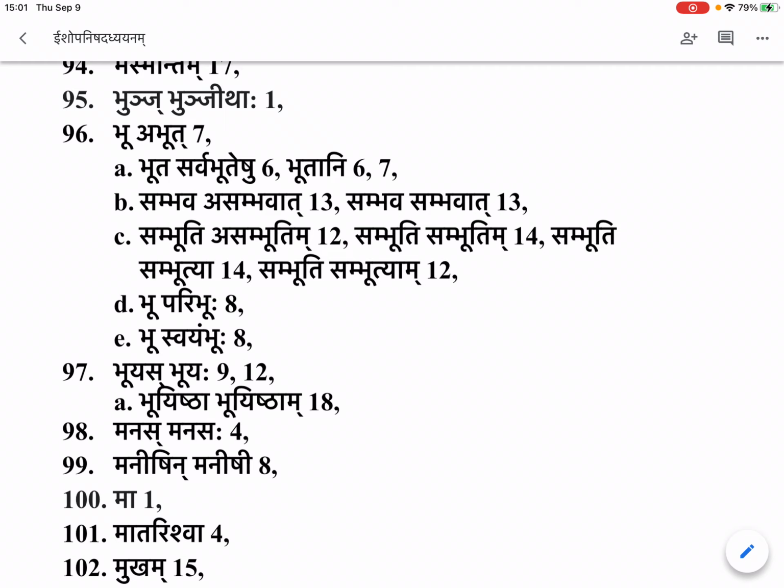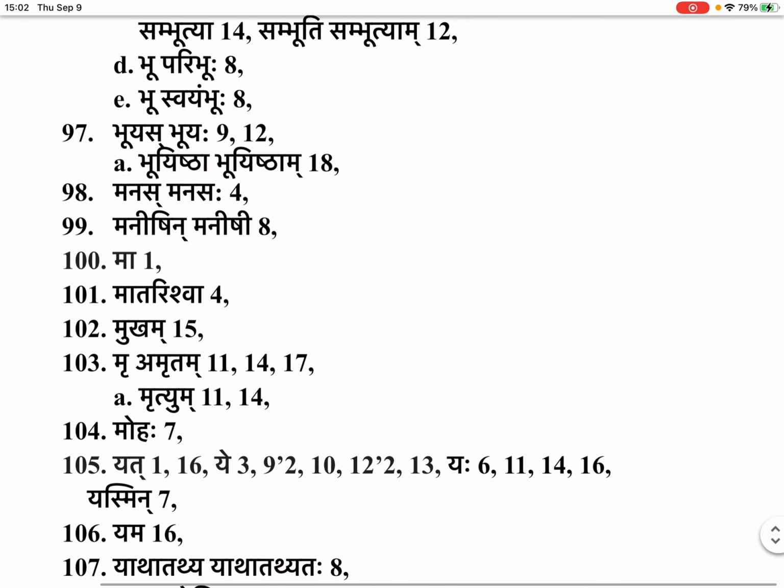The pratipadikam unnecessarily it has got repeated 4 times, but the forms available are asambhutim, sambhutim, sambhutya, sambhutyam in the respective mantra. From bhu, paribhuhu is also from dhatu bhu. So it has to be put together into a set for the dhatu bhu. Swayambhu, like that. Bhuyas and bhuyishtha both are related to each other.